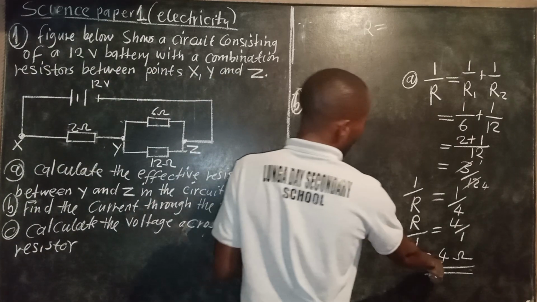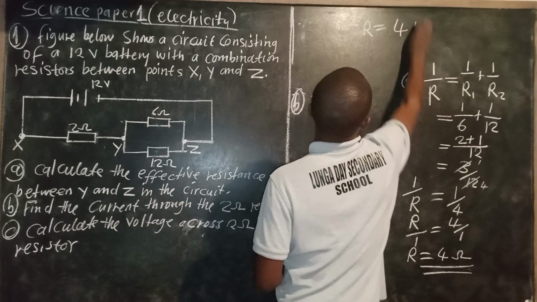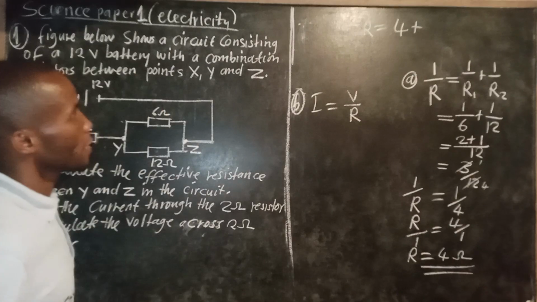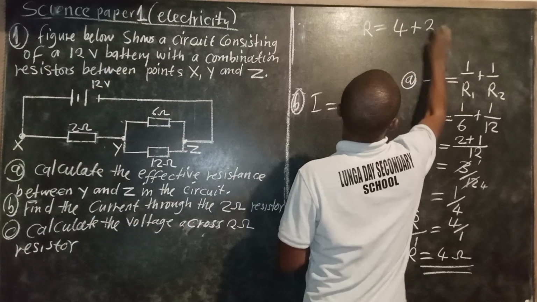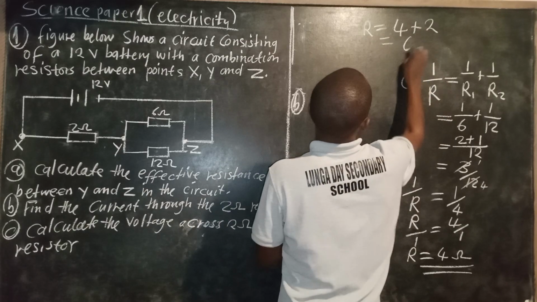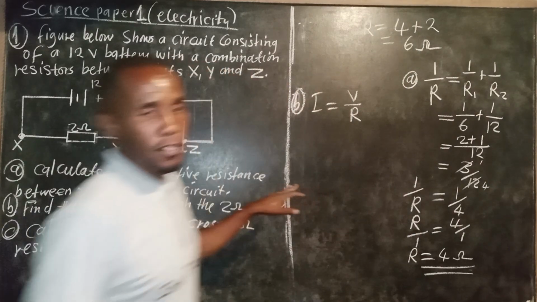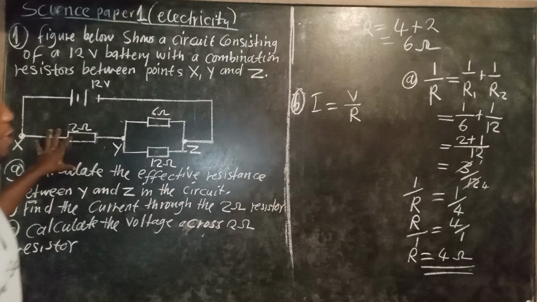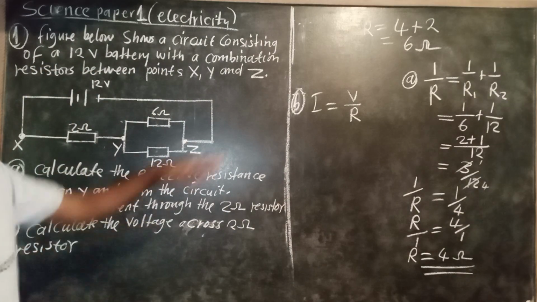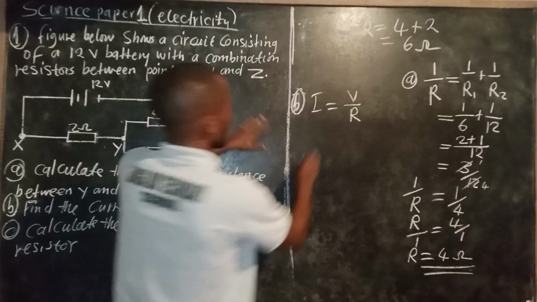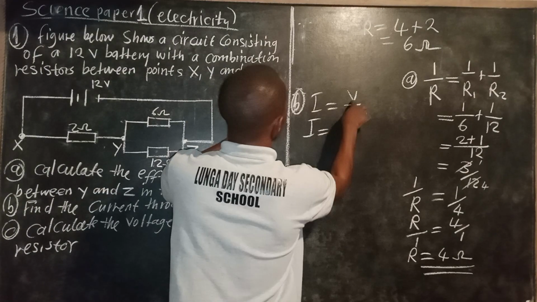Resistance is equal to, here we have found the effective one, 4, plus the one which is in series here, 2. Okay, 2. So when we add this, we are going to have 6 ohms. Okay, so that is the total resistance of this circuit, and that is the one we are going to use when calculating current.